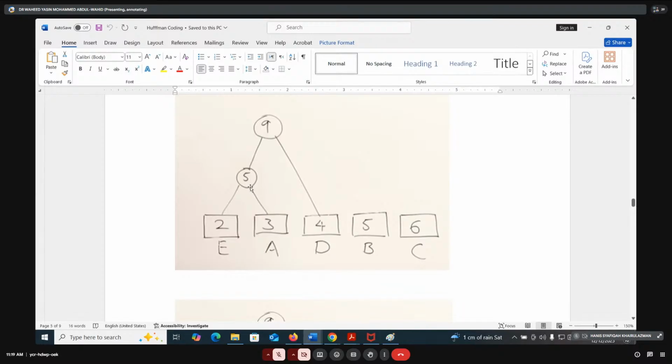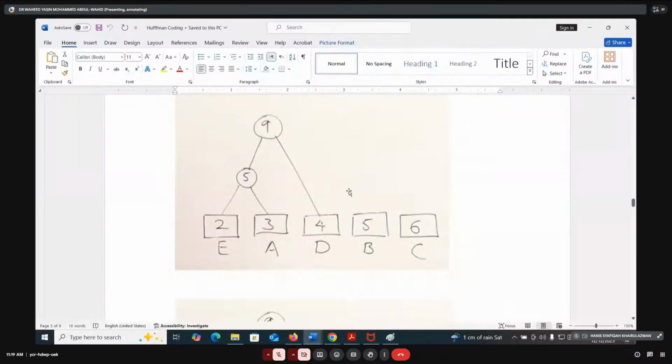Now, if I connect 4 with 5, it will be 9.